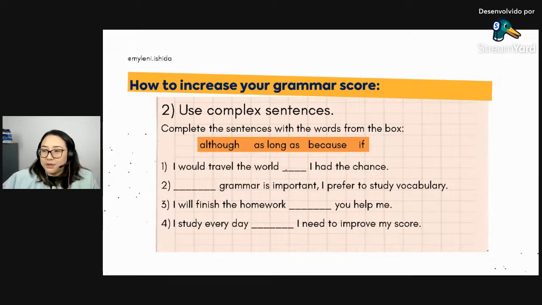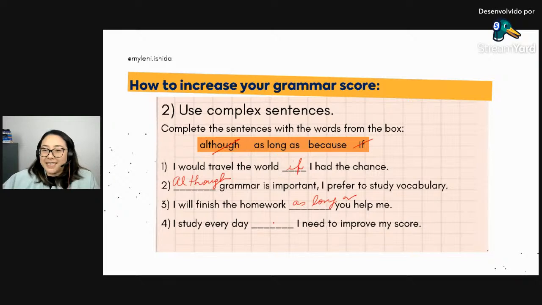So I would travel the world if I had the chance, right? Although grammar is important, I prefer to study vocab. I will finish the homework as long as you help me.